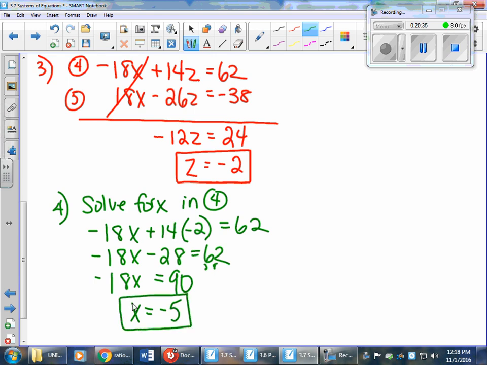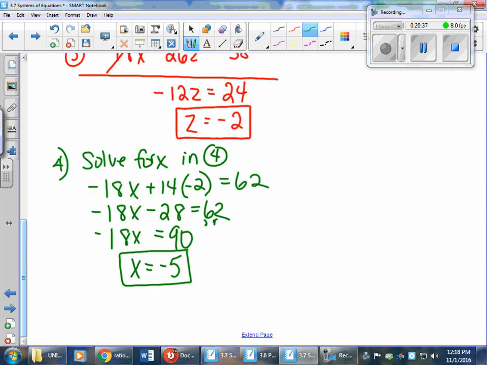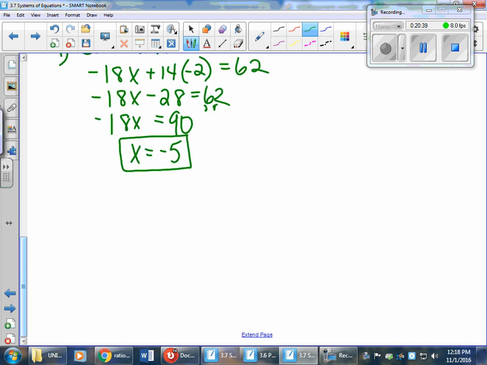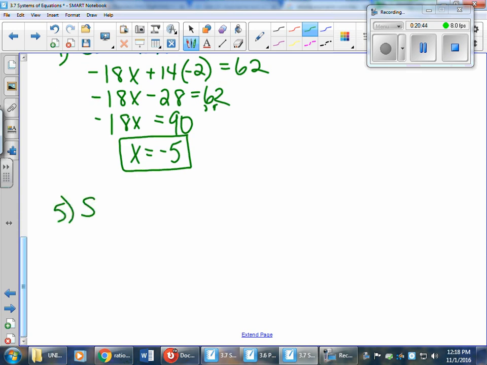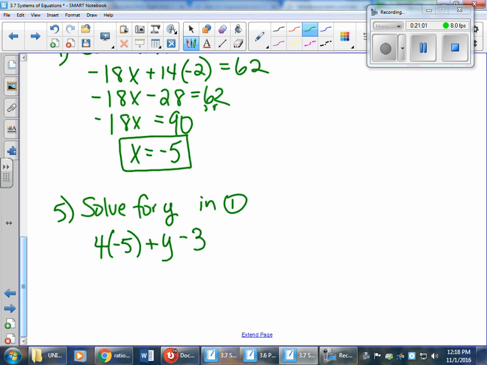All right, so then from there, you're simply going to go to step number 5, and you're going to use 1, 2, or 3 and solve for y. Let's say we use 1. So this becomes 4x, which is negative 5, plus y minus 3z, z is negative 2, is equal to negative 6.